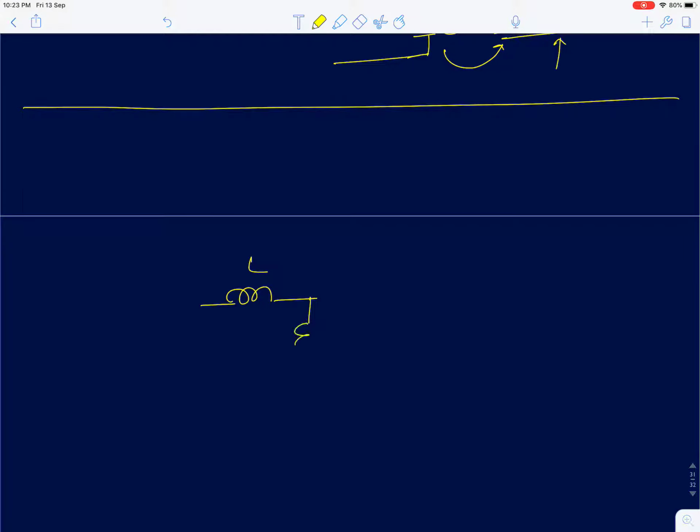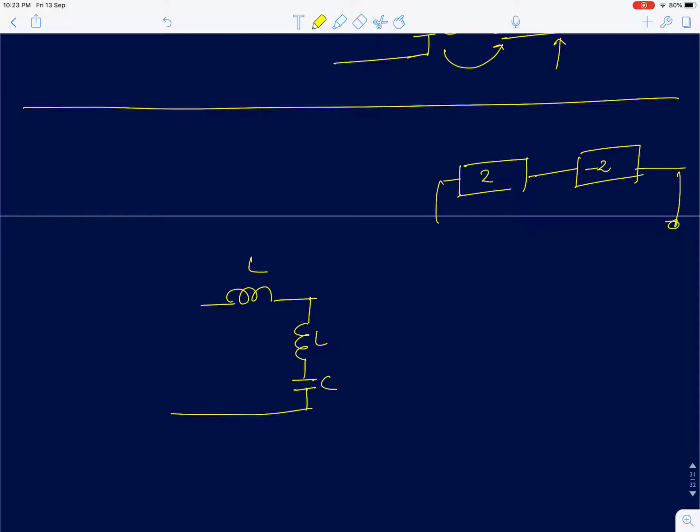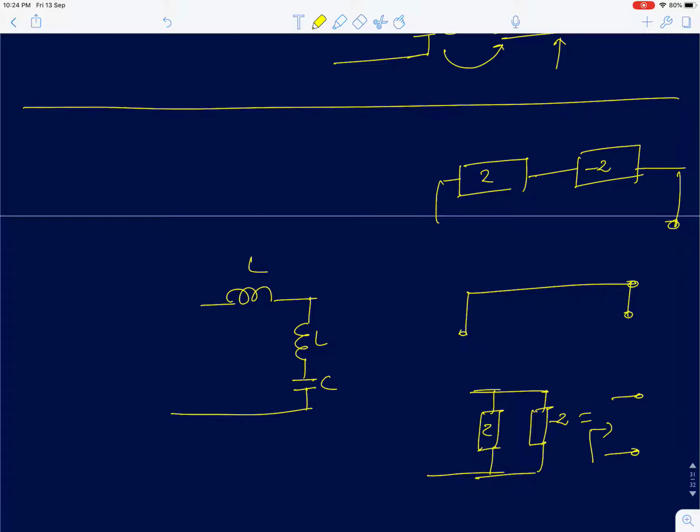Now in this circuit, I'm trying to introduce a series LC branch. Just to reiterate, as we mentioned in one of the previous lectures, if I put two impedances Z and minus Z in series, the effective impedance is going to be 0. Similarly, Z and minus Z in parallel, the effective impedance is going to be infinity.